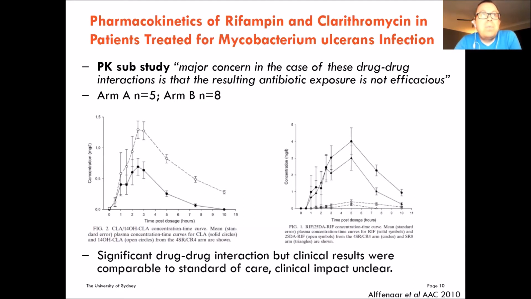And we found that, for example, the clarithromycin to metabolite ratio was completely inversed. Also, clarithromycin boosted the rifampicin exposure, but we know nowadays that drug exposure to rifampicin can be high enough with dosages up to 40-45 milligrams per kilogram. So that was not our major concern.